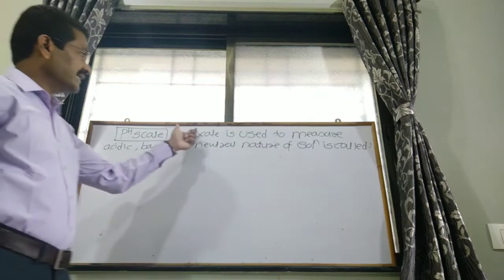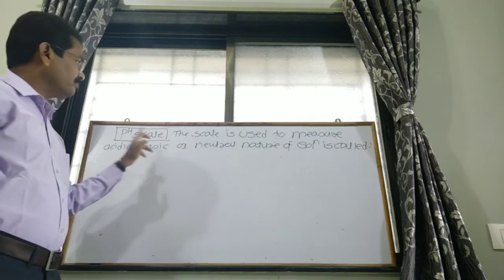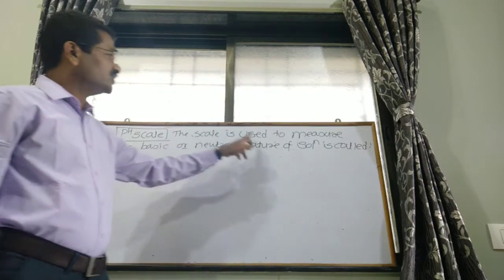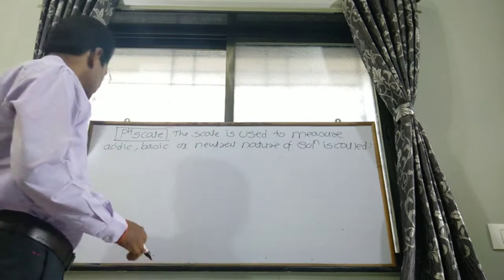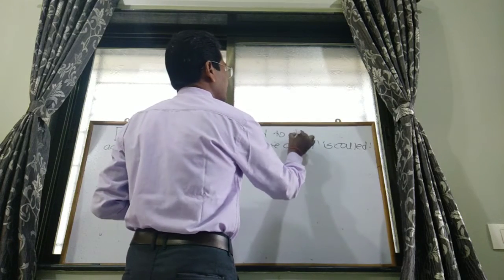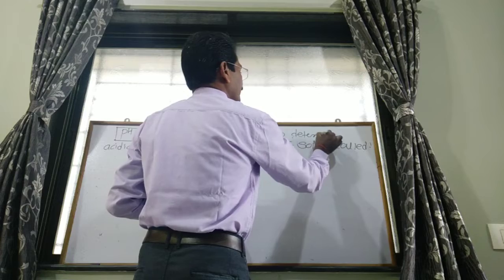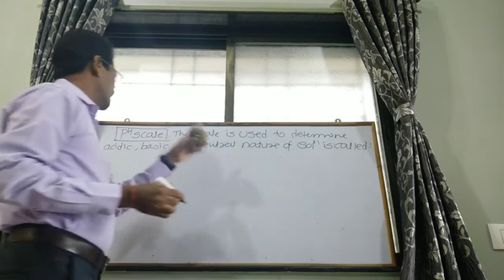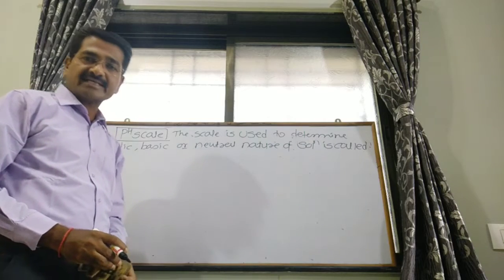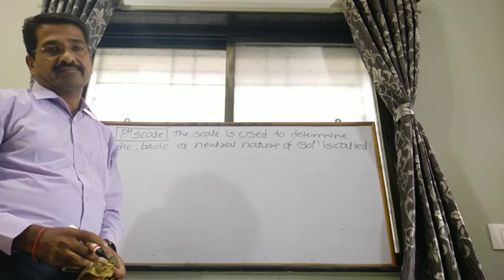For the definition: the scale is used to measure the acidic, basic or neutral nature of a solution. Otherwise, the scale is used to determine the acidic, basic or neutral nature of a solution, and that is called the pH scale.